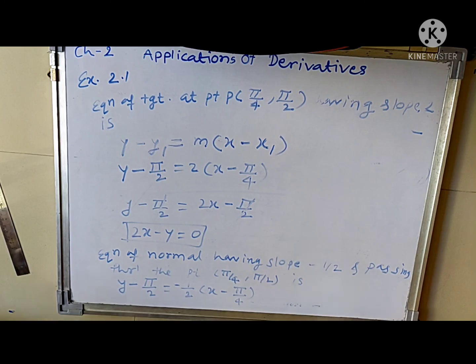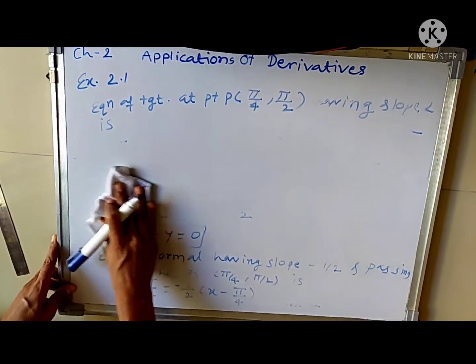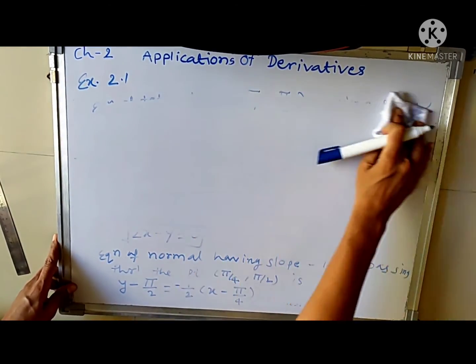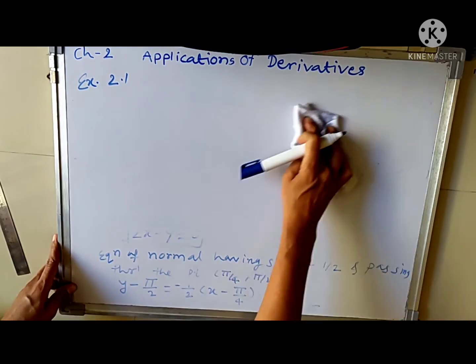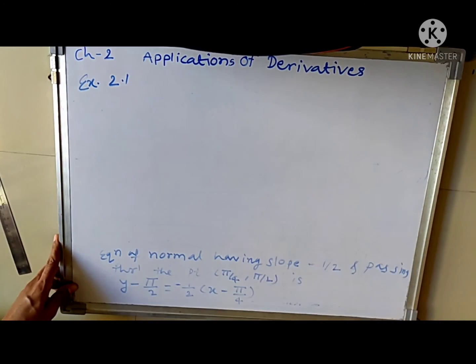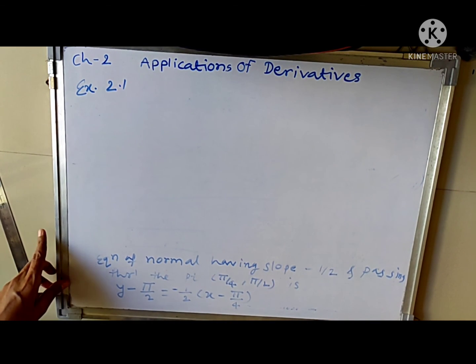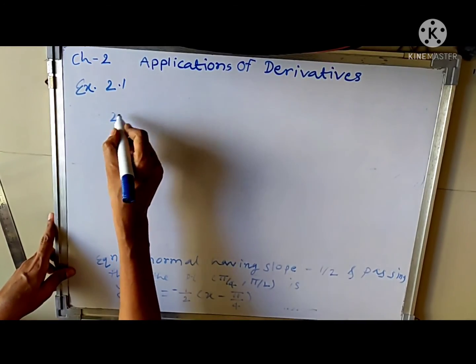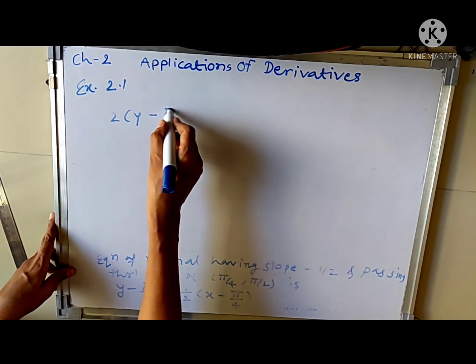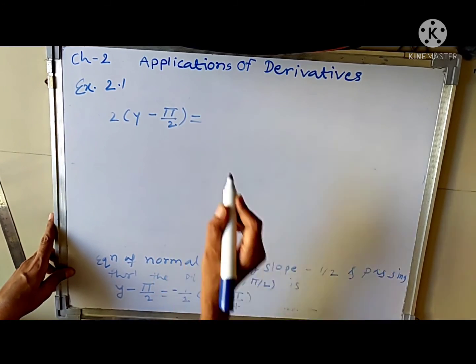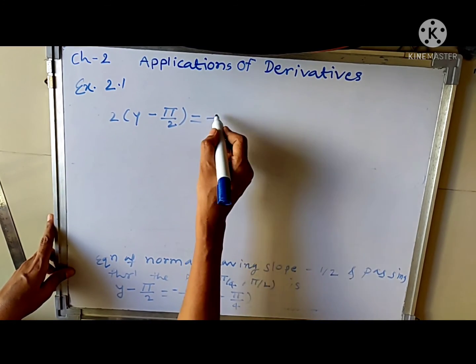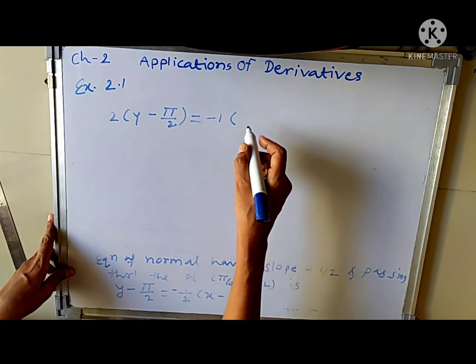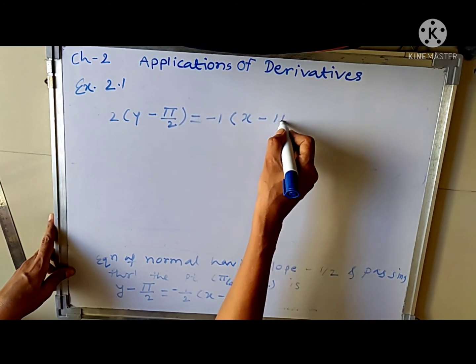Now you have to calculate that. Simplify that. I am multiplying by 2 on both sides. Therefore, it is 2 into y minus pi by 2 equal to minus 1 into x minus pi by 4.